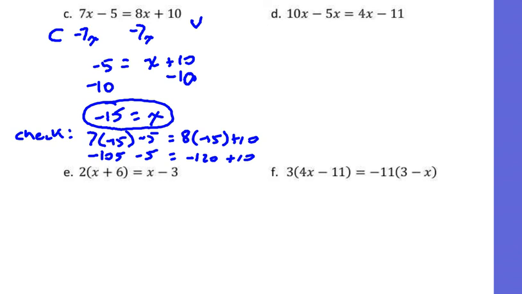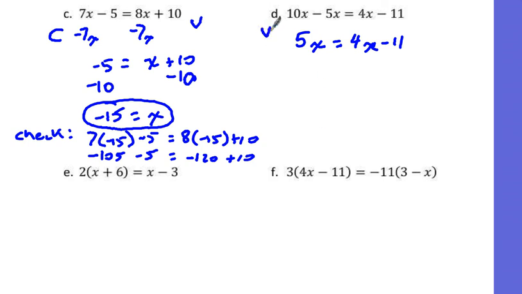In letter D, we have some simplification that can take place early. 10x minus 5x, I can subtract that, which leaves me with 5x. The 4x minus 11 expression cannot be simplified any further, so we'll go here. I would typically choose to put the variables on the left side.